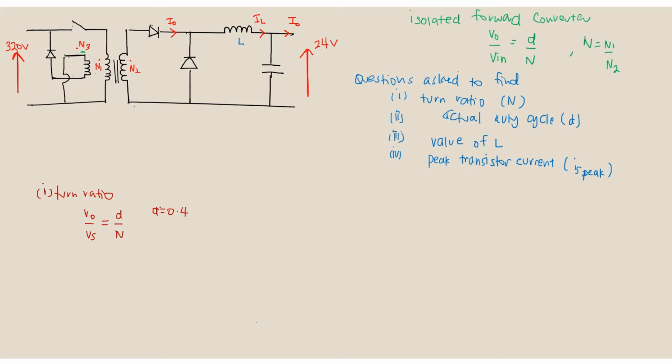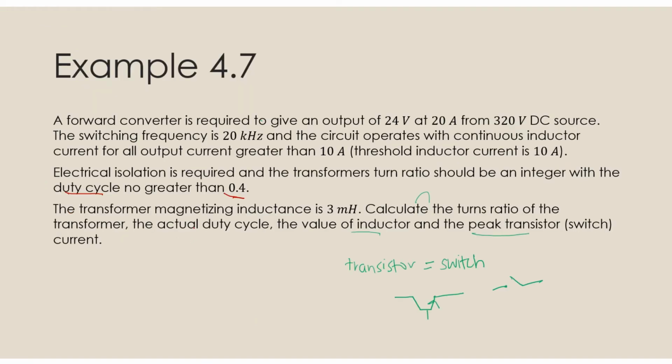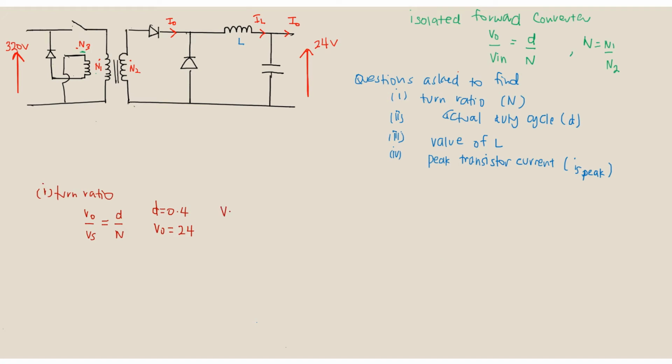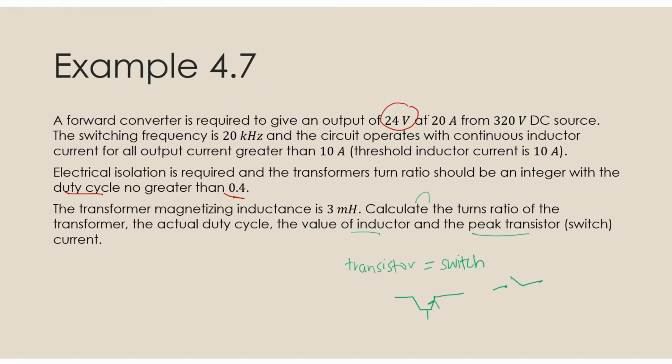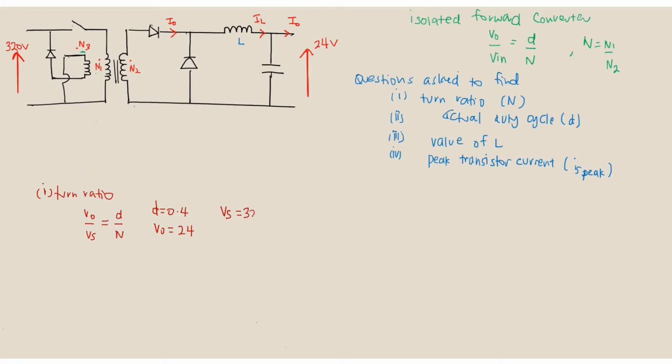Your duty cycle is 0.4, your V out is 24, obtained from the question, and then your V in, the DC supply, is also from the question. So you can reshuffle this equation and you will get N as 5.33. So that's the answer.